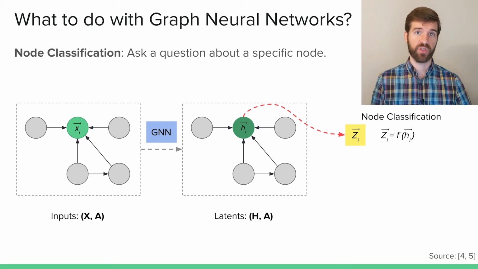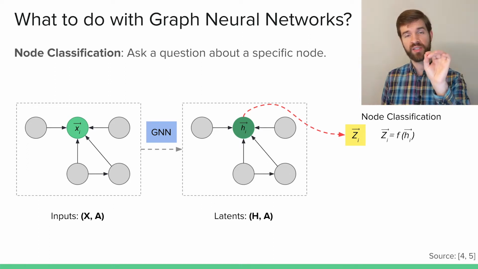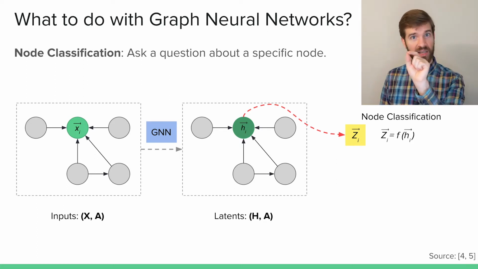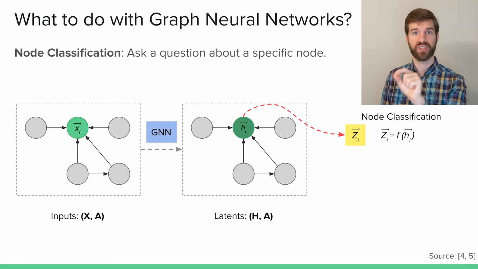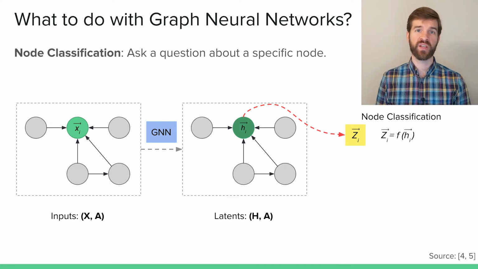Which research subject is this paper all about? And you could try to infer information about one specific node. You want to ask, is this node important? Has it certain features? And all of these questions would fall under the category of node classification.